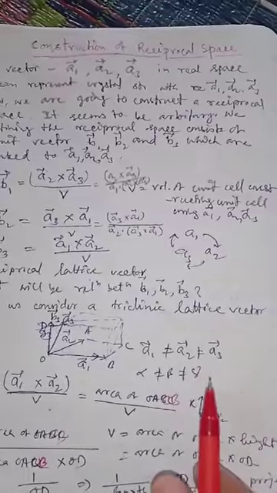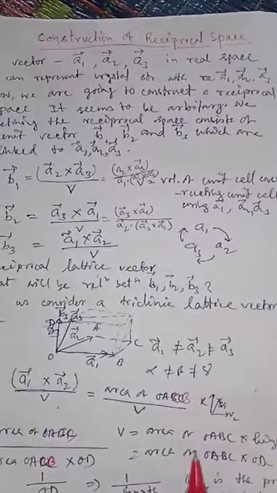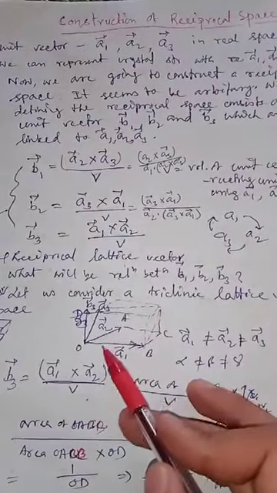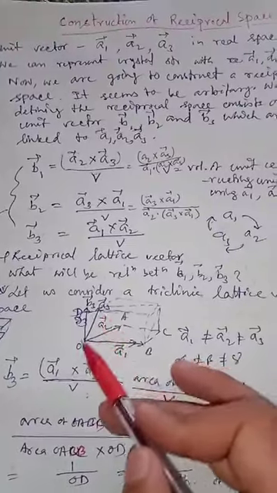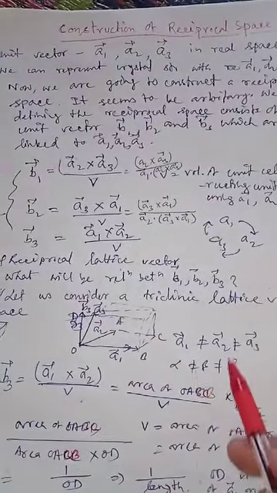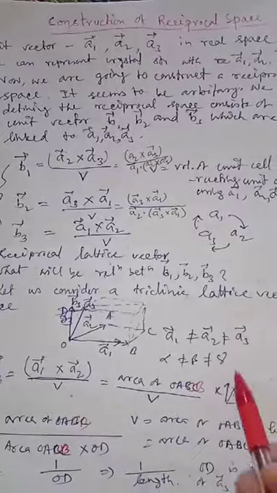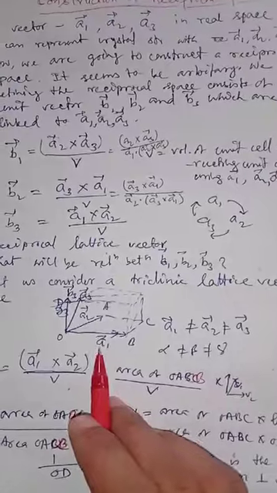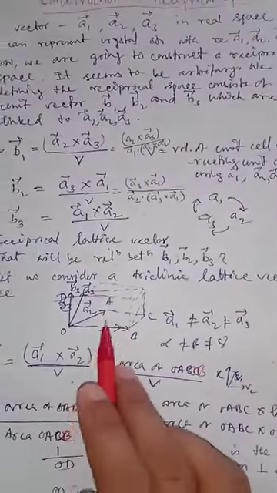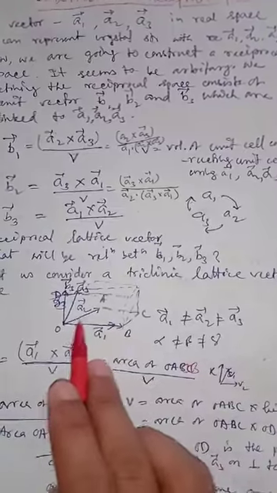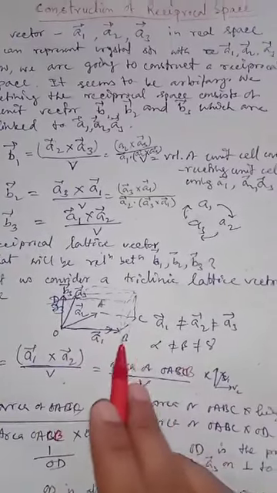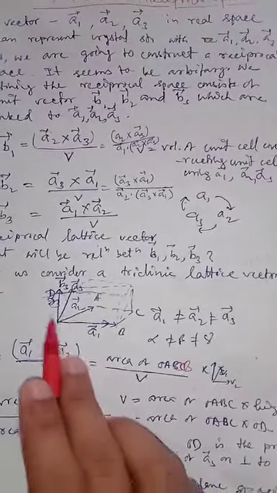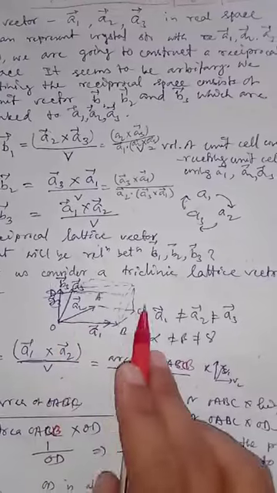Now what is the cross product of vectors? Cross product of vectors means the area. So if I consider a lattice of a triclinic system where A1, A2, A3 are projected like this, A1, A2, A3 are not equal and alpha, beta, gamma are not equal in the triclinic system. So the cross product of the A1 vector and A2 vector will be the area of this basal plane OACB, and the direction of the cross product vector will be perpendicular to this basal plane OACB.